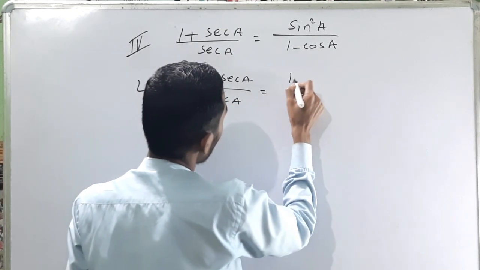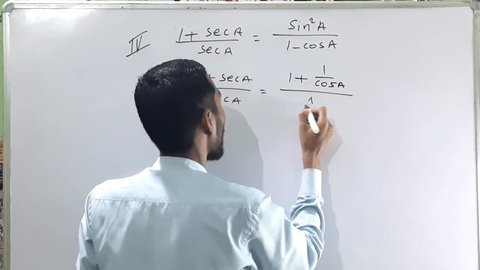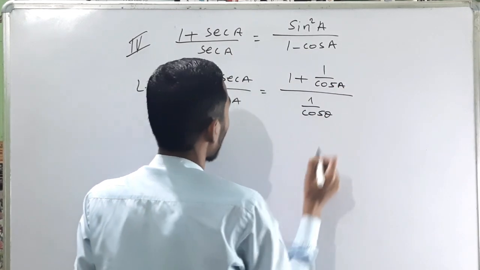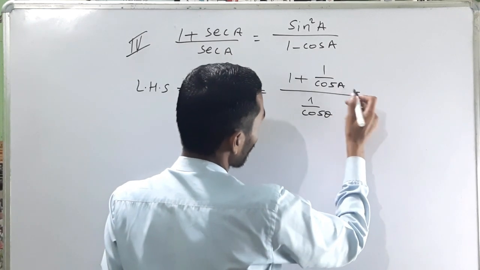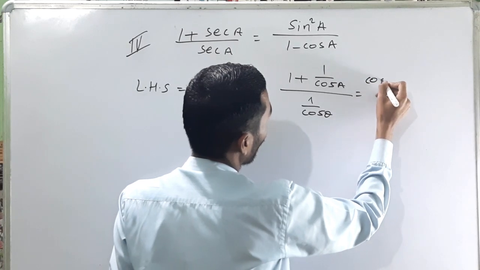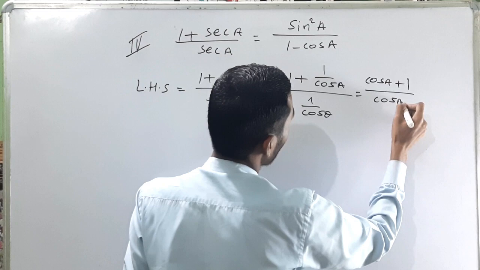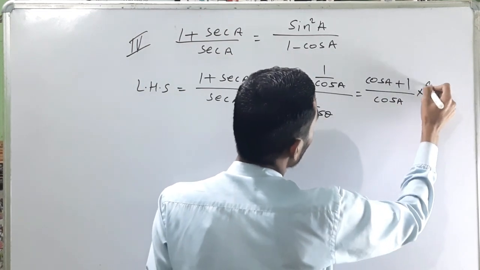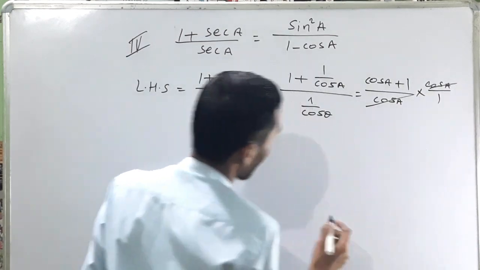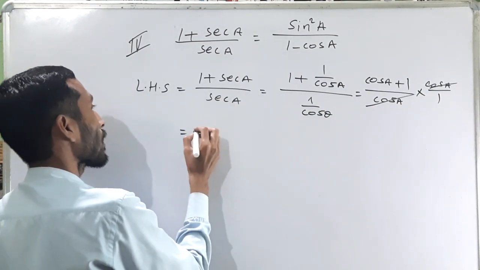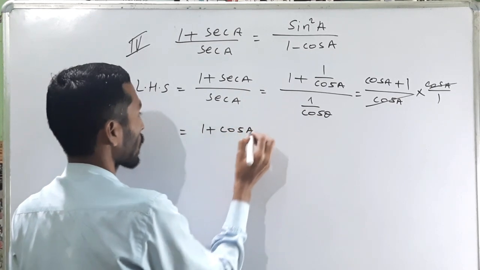What can we write? 1 plus 1 by cos A, and 1 by cos A. So what can be done? (Cos A plus 1) by cos A into cos A by 1. Just cancel out and we can write 1 plus cos A.